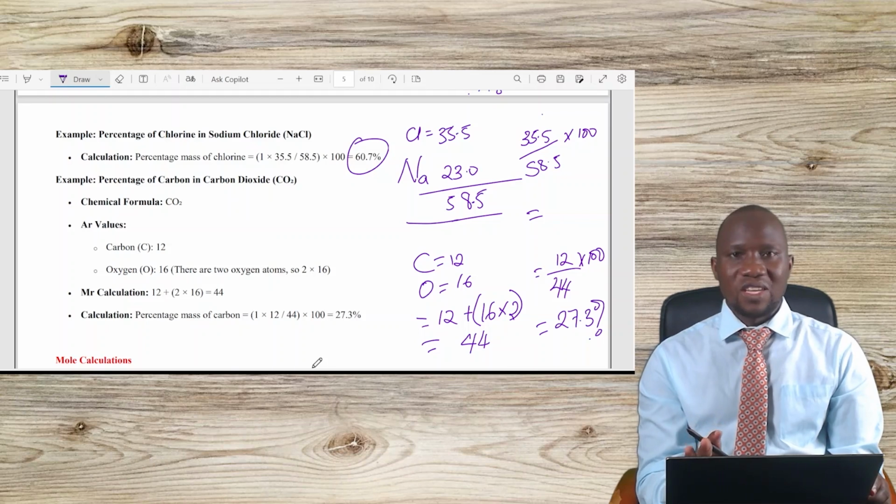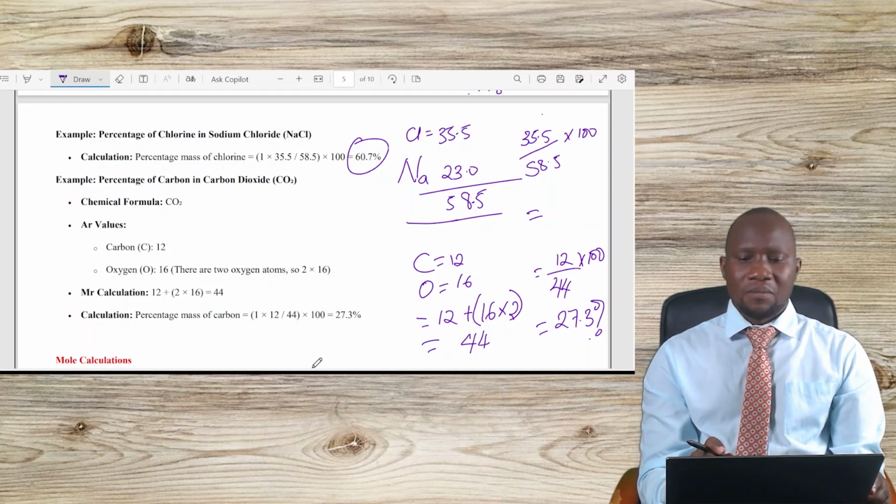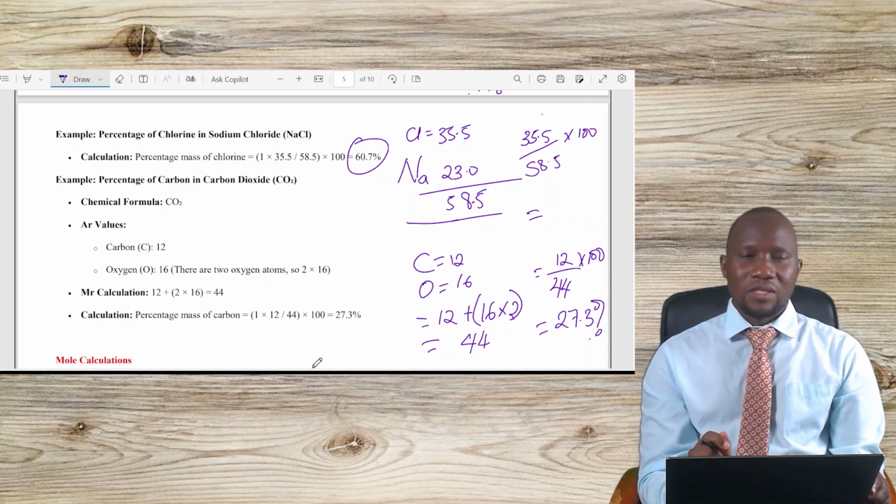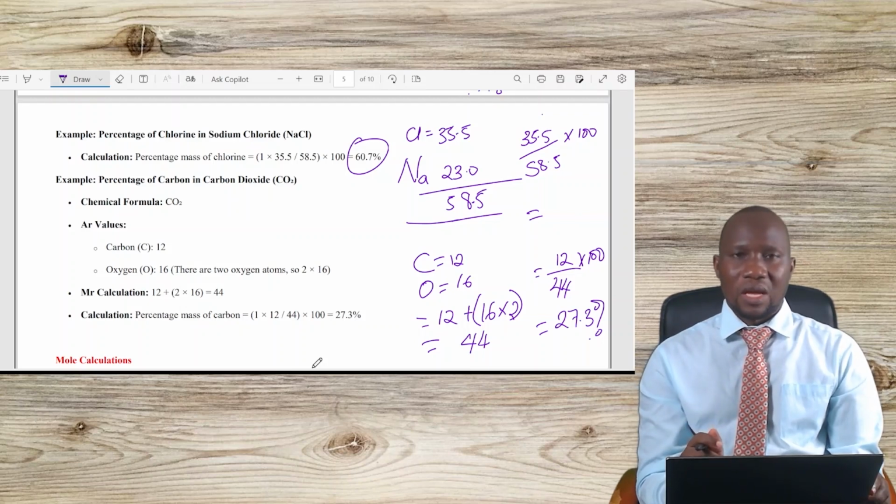Okay, so that is where we are going to end. But what if you're asked a question to calculate the percentage of carbon in 2 grams or 20 grams of carbon dioxide?